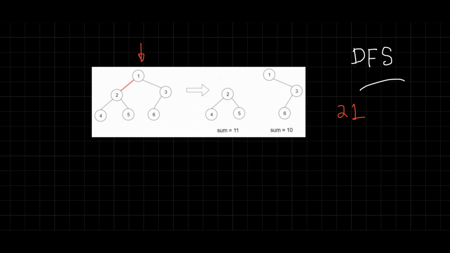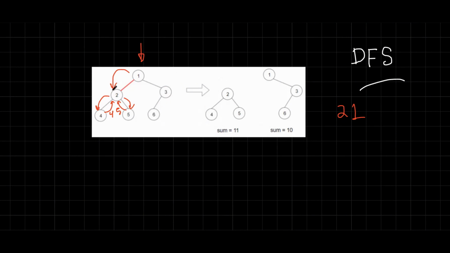Suppose we have to perform the DFS. Initially, we are at this node 1, and from 1, we will go to 2. From 2, we will go to 4, and this 4 will return the value 4, because the summation of the subtree rooted at 4 is 4. Similarly, from 5 we will return 5.